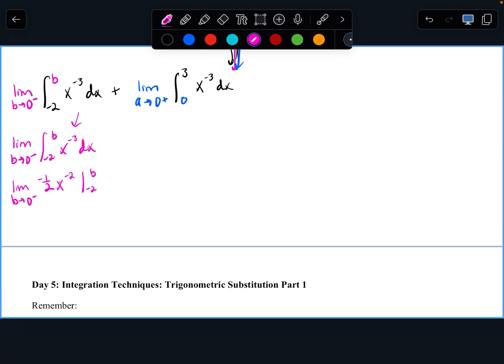They make me nervous and I don't like thinking about them. So I'm just going to rewrite this as negative 1 over 2x squared. Unless you can do negative exponents in your head. Good for you. Is everyone still alive? You'll say something, right?